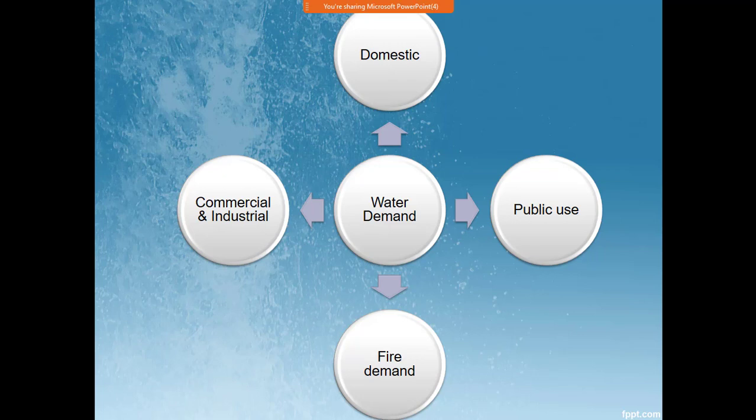Fire demand is for the fire hydrants in the street, where we calculate a special water demand. And we have the commercial and industrial usage in the shopping malls, factories, and restaurants, which are all considered commercial. So these are the four types of water demand.